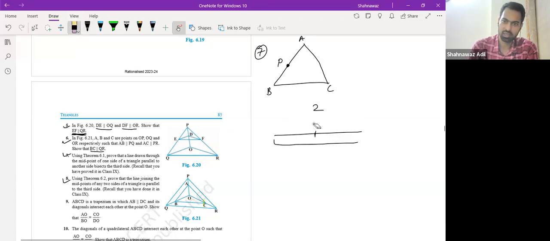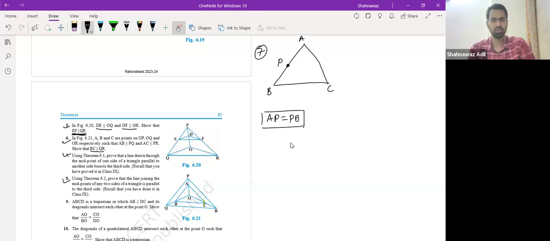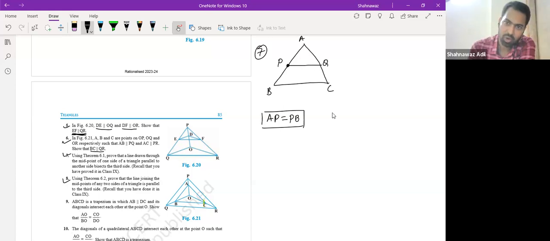If P is the midpoint, then AP would be equal to PB. So this we know. And what is the other information? That one side of a triangle is parallel to the other side. So this is parallel to, let's say, this is Q. If you guys recall, this is called the midpoint theorem.